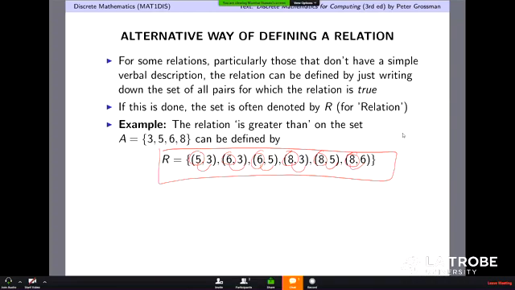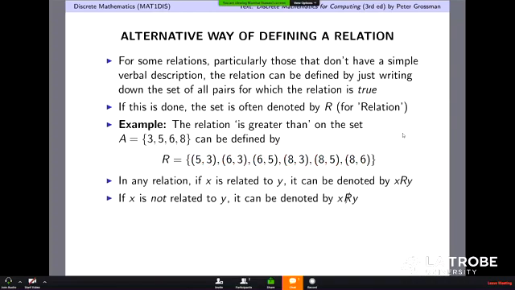Greater than is a relation. So if x is related to y, for example, 5 is related with 3, and 3 is not related with 5. 3 is not greater than 5, so I will put just a cross on R to indicate that 3 is not related with 5. 5 is related with 3, so that means 5 is greater than 3, 3 is not greater than 5.